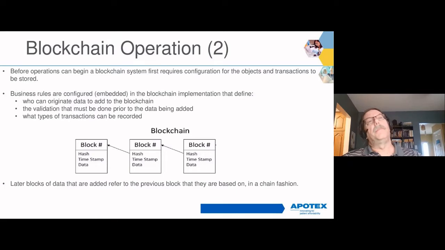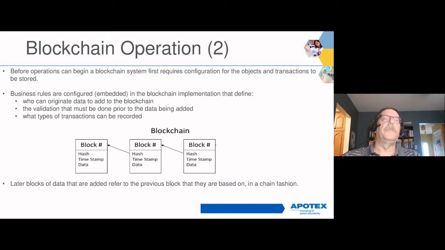Now, the picture in the middle of your screen is a very small implementation of a blockchain, a small example. It gives you a block number, a hash, which is an encrypted security code, a timestamp for when the block was added, and the data, which is whatever you're recording in the block itself.